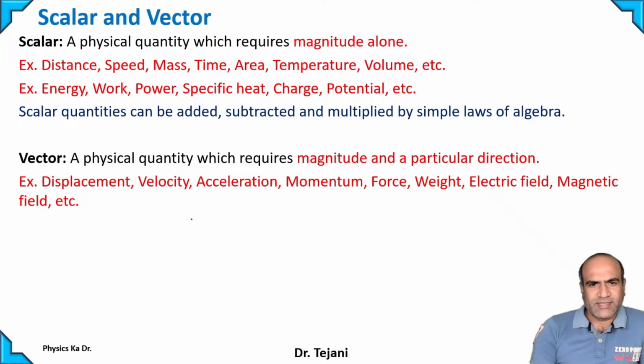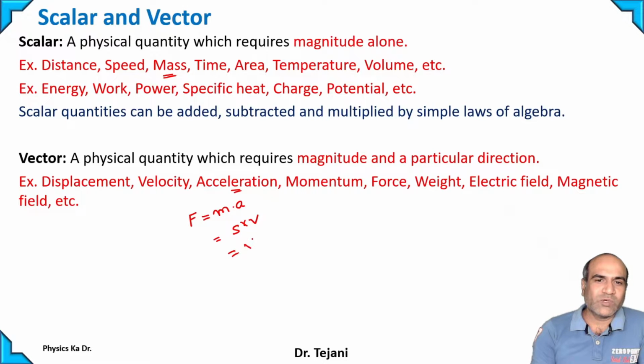Next is force. What is force? Force is equal to mass multiplied by acceleration, we know from Newton's law. Mass is a scalar quantity. Acceleration is a vector quantity. So ultimately, force becomes a vector quantity. And similar, a brother of force is weight, mass multiplied by gravitational acceleration.